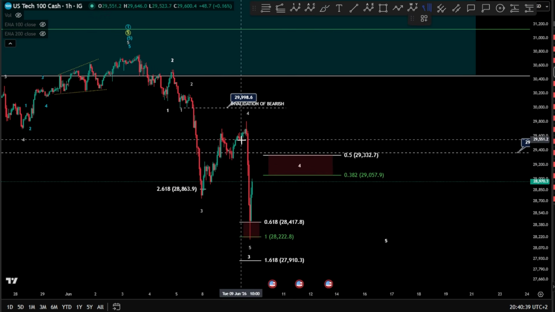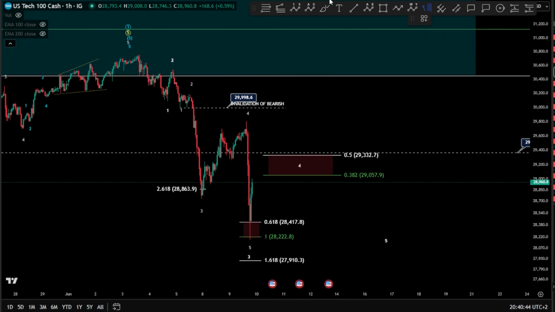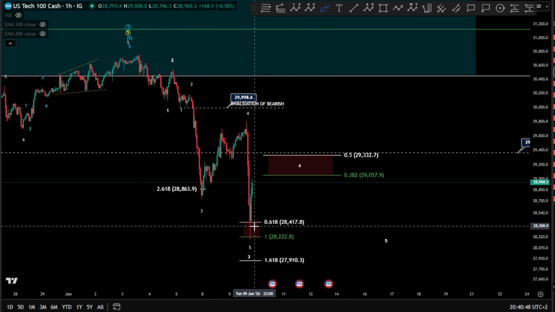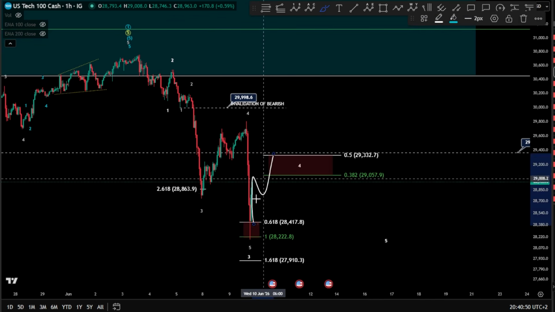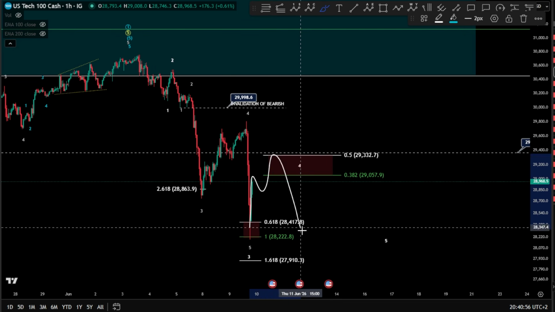If we take also here the timing required, you will see that the timing for wave 2 is very shallow. So I believe that this zigzag might be very fast. So that's why you see a very fast, strong wave A right now. Wave B and wave C might be given later on.